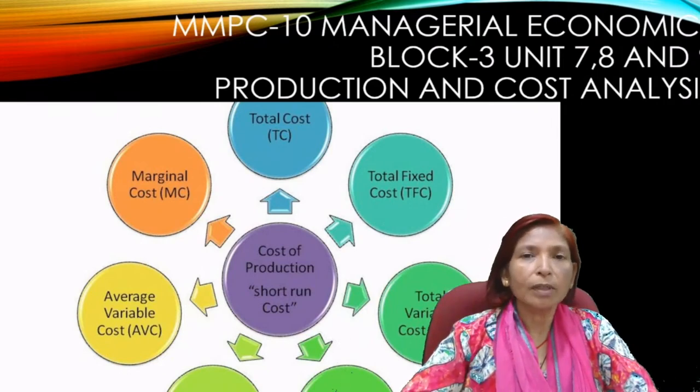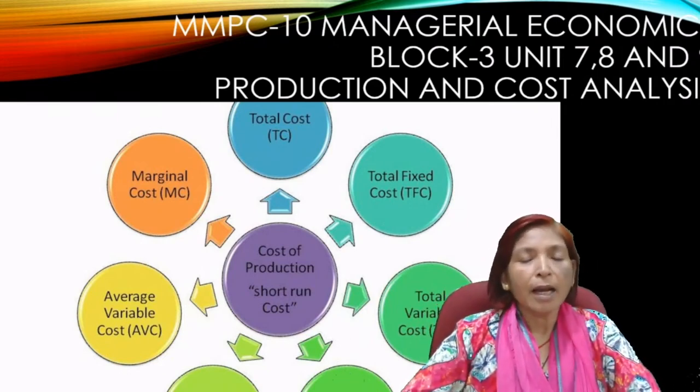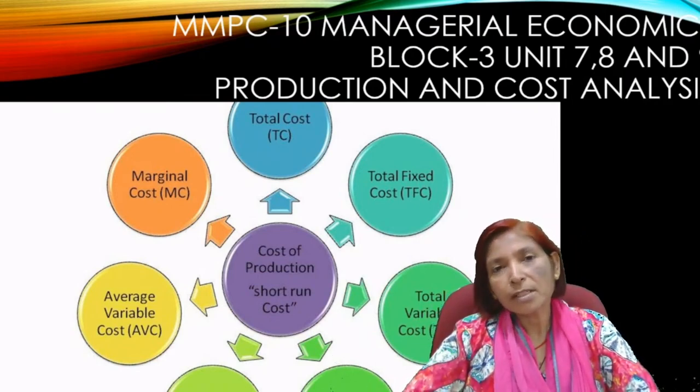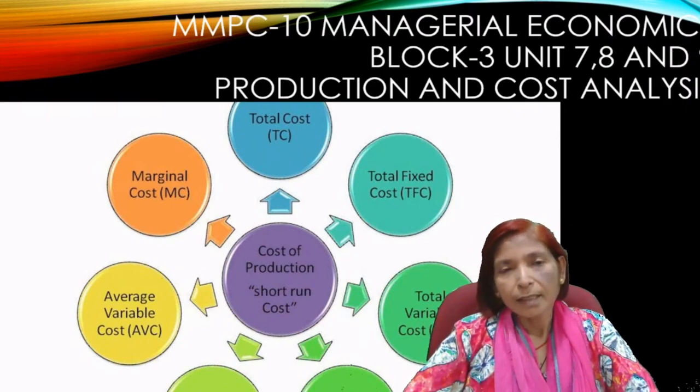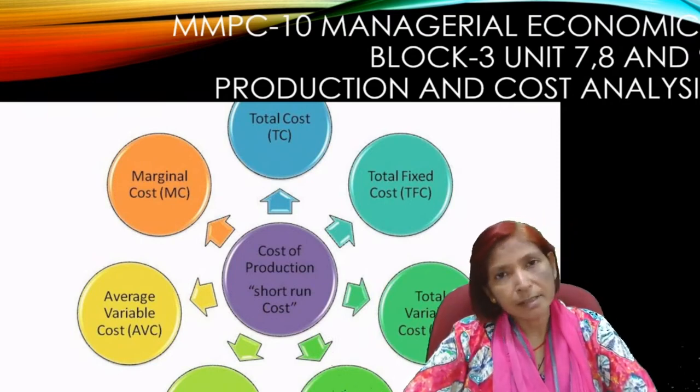The net change in total cost is called marginal cost. And average fixed cost is the per unit cost of fixed factors. And same as average variable cost is per unit cost of variable factors.